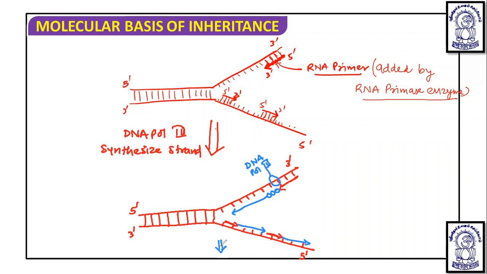So if we go on further, now here there is an RNA primer and this is a DNA strand. So this RNA primer and the newly synthesized DNA strand are now attached. But if a ribonucleotide is present in the DNA strand, it is considered as one type of mutation.